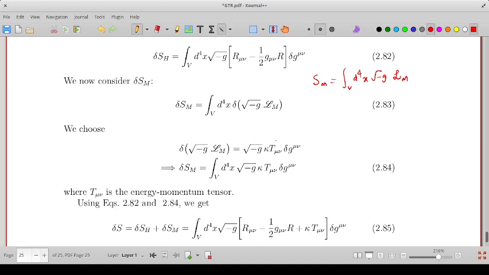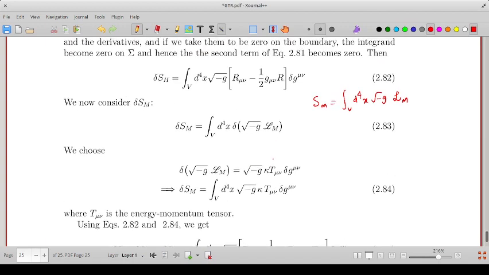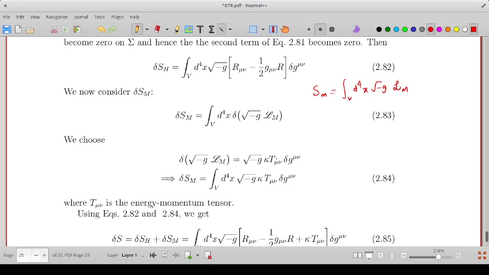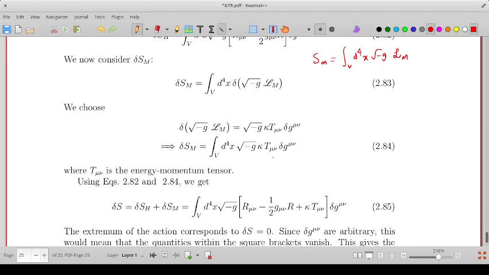So this is a choice that makes the resultant equation the same as the Einstein's equation that we obtained earlier.